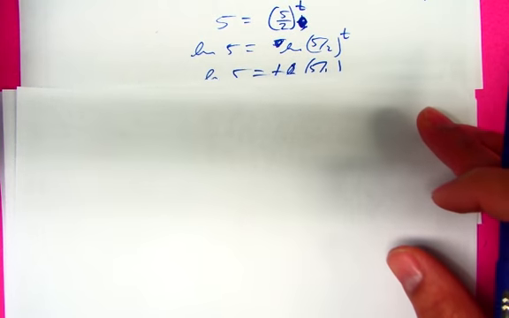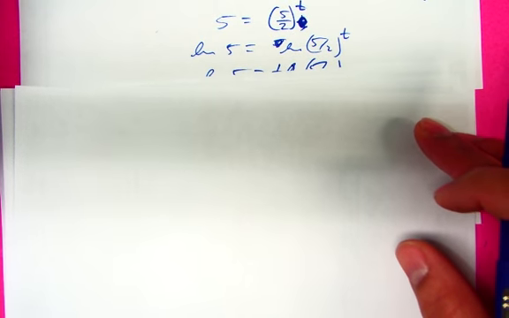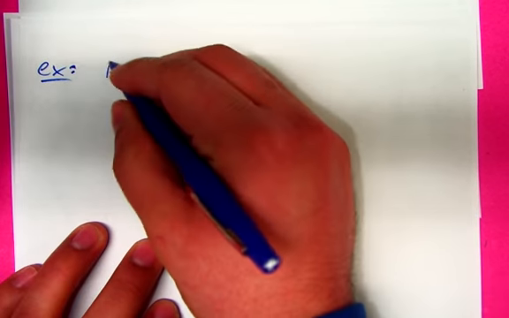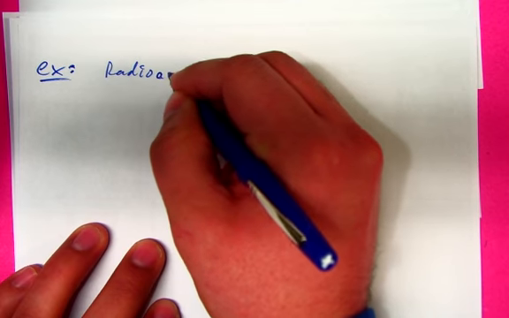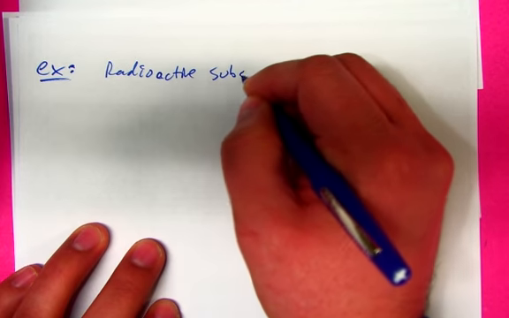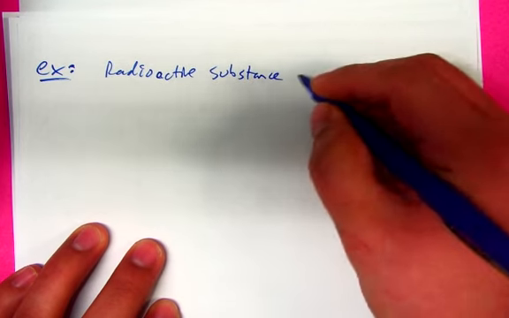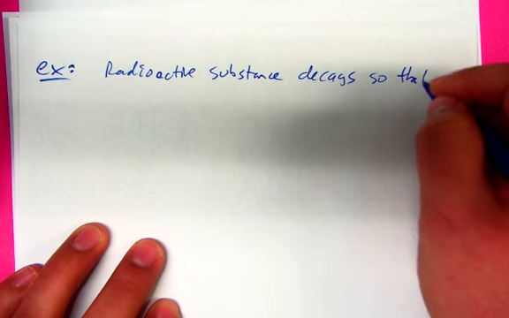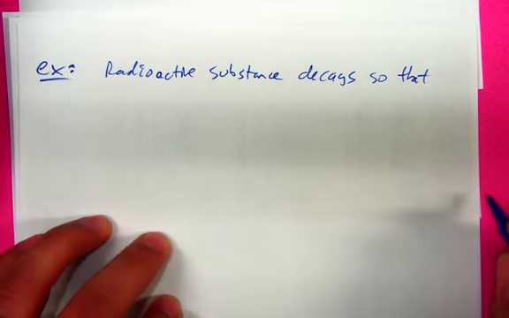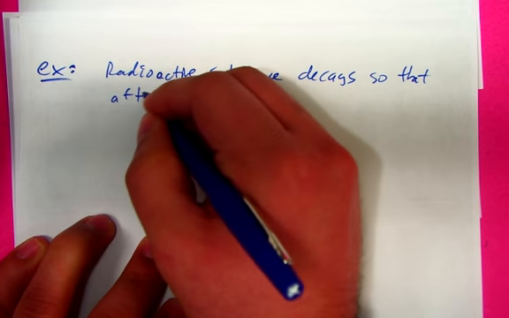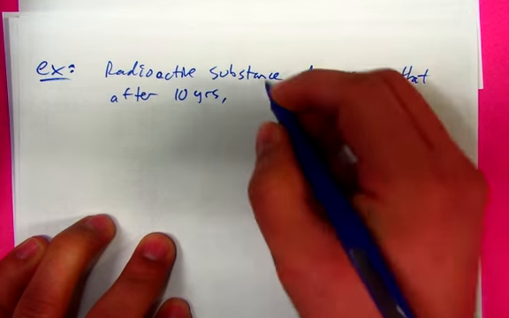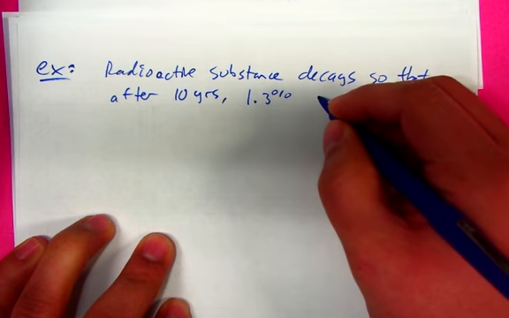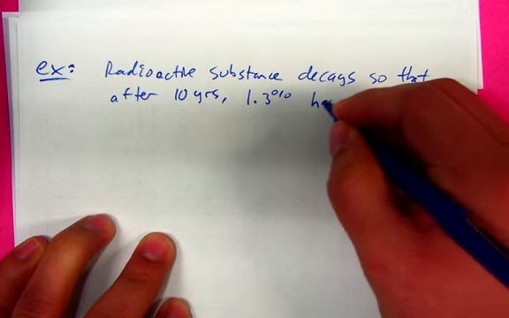Do we need to review half-life, or do you guys remember those? Okay. We'll just set it up at least. We have a radioactive substance that decays, usually, so that after 10 years, 1.3% has decayed.